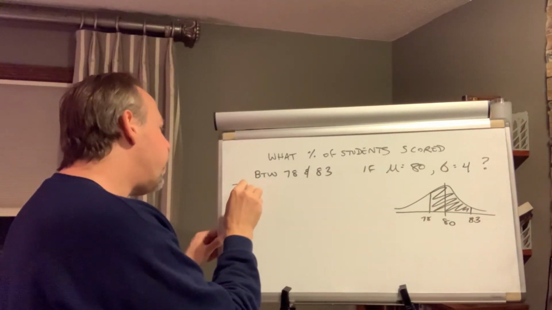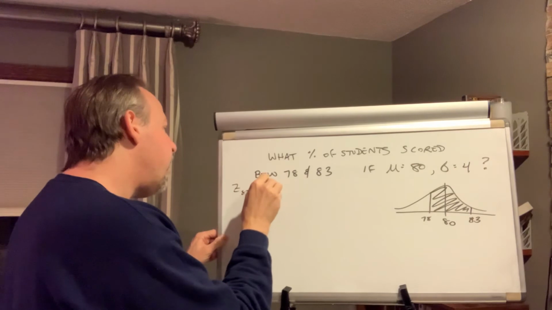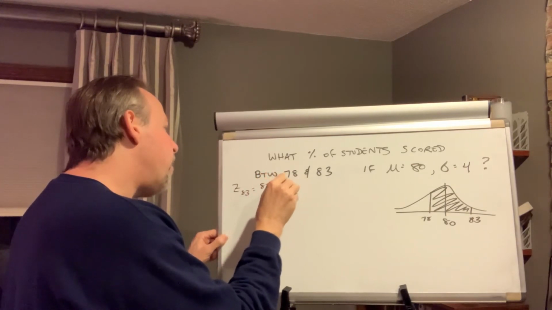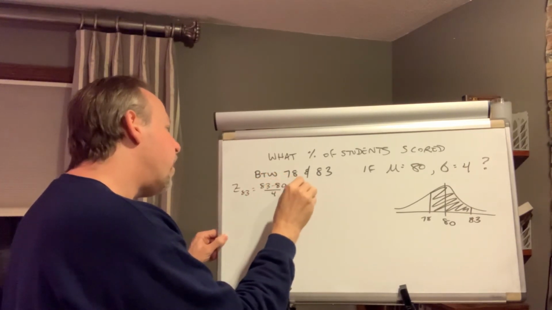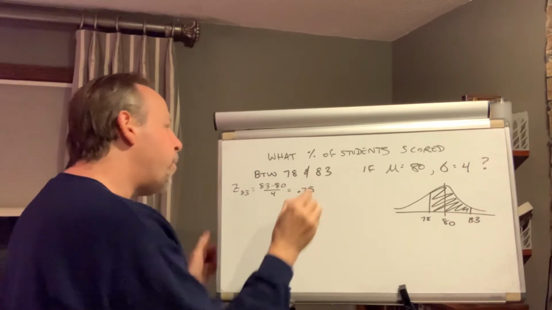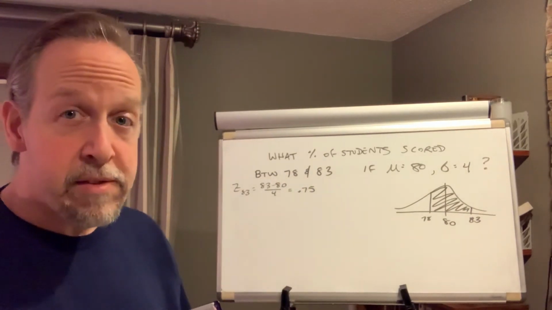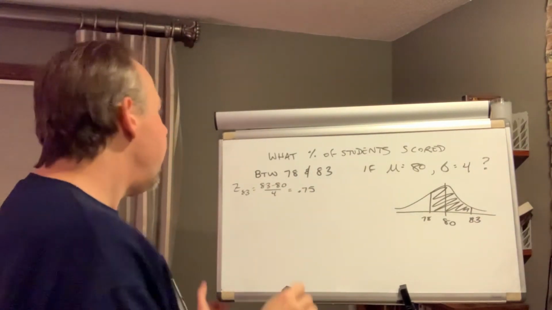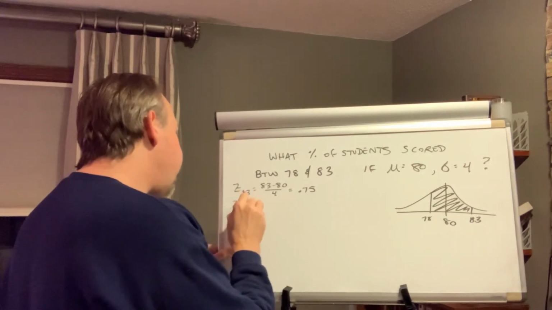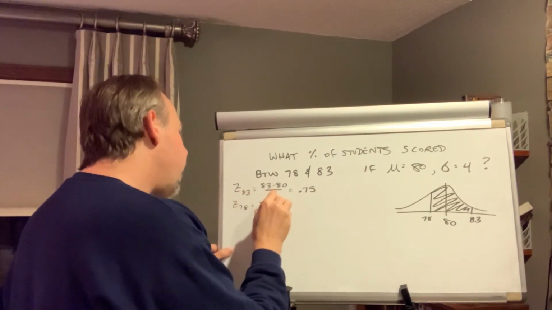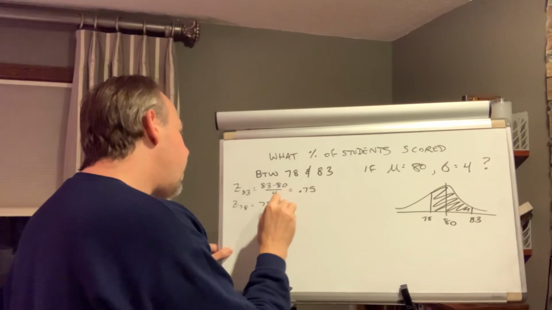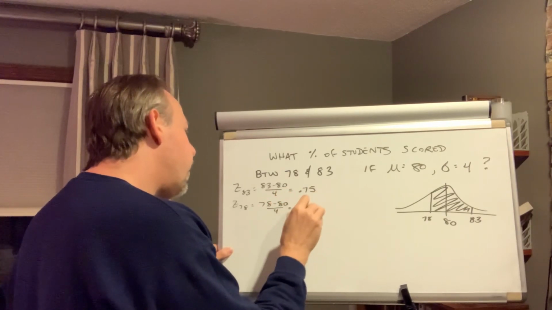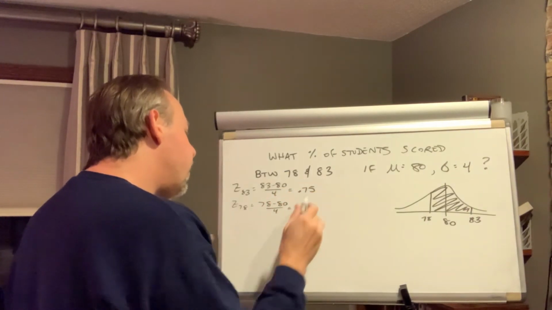The z-score for the 83: 83 minus 80 over 4 is 0.75. That's the z-score for the upper score. What's the z-score for the 78? 78 minus 80 over 4 is negative 0.5.